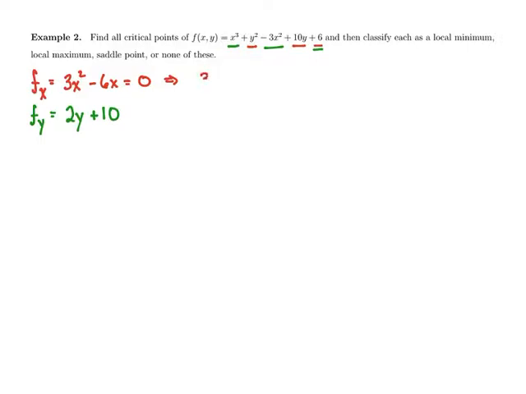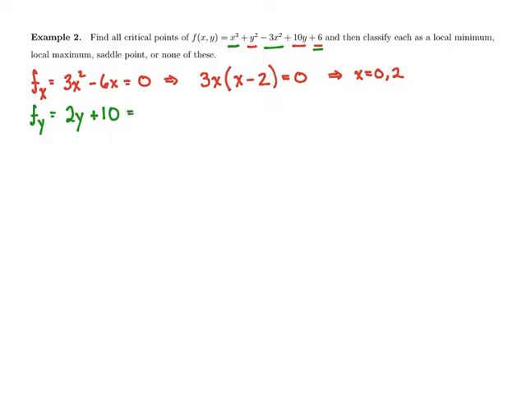There's a 3 in common in both terms, and there's an x in common in both terms. So if we take that out, we'll be left with an x in the first term and a 2 in the second term, minus 2. And if we set that equal to 0, we get x values of 0 and 2.